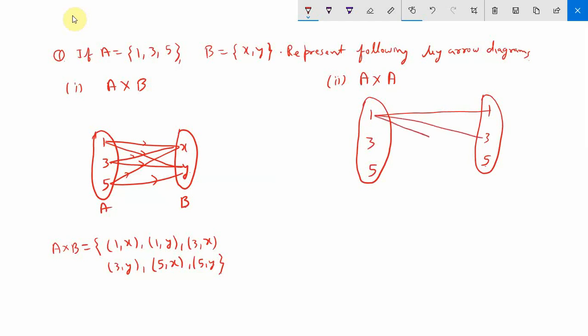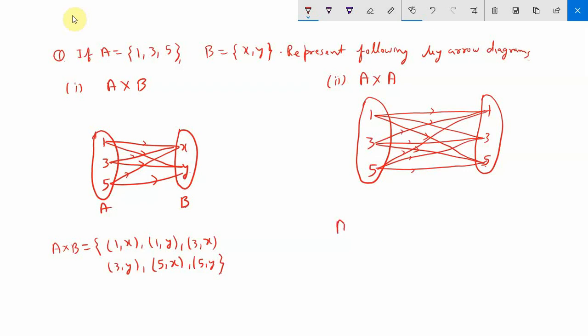So with 1 we will get 3 ordered pairs, then with 3 also we will get 3 ordered pairs, and similarly with 5. Okay, so we are getting 9 ordered pairs.